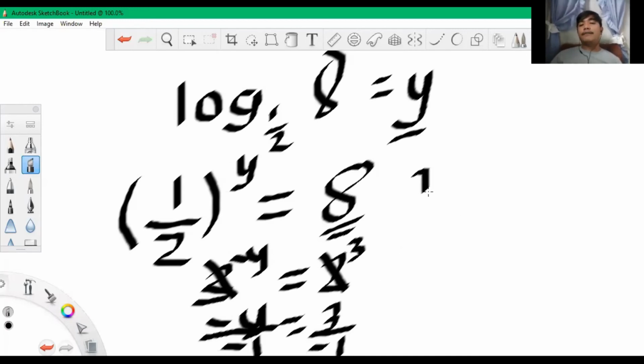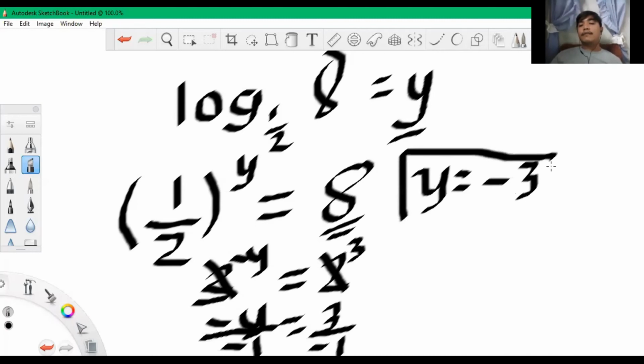Therefore, we now have positive y. And we have 3 divided by negative 1, positive divided by negative, that is negative, and 3 divided by 1 is 3. Now, our exponent is equivalent to negative 3. Therefore, the exponent of 1/2 should be negative 3 in order for it to become 8.